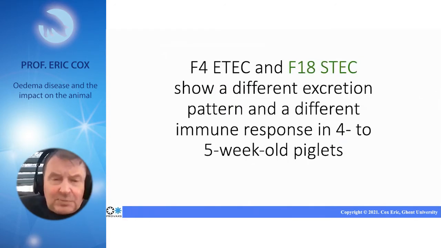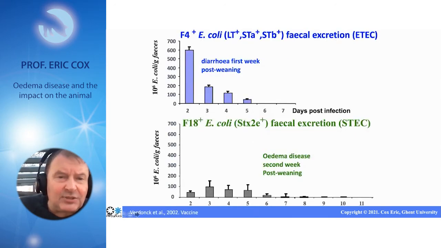So it also explains why, if you compare infection with F4 enterotoxigenic E. coli and F18 Shiga toxin producing E. coli with each other in an experimental infection model, F4, which is binding to a glycoprotein that is extruding in the lumen, can much more easily colonize the mucosa.